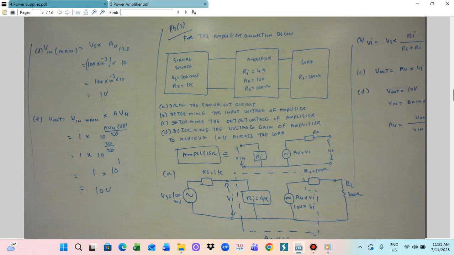The amplifier input voltage is VI, across here, and this one is the output.